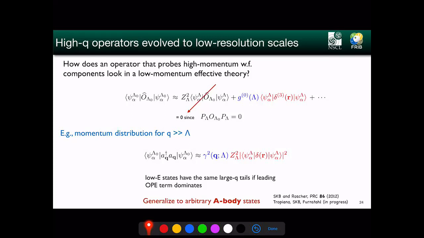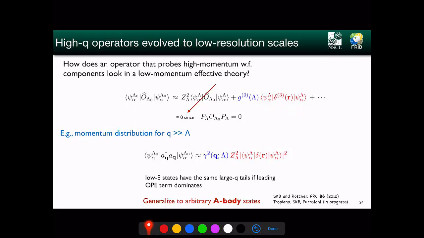And so we can look at this. We just go ahead and use the expressions on the previous page and take matrix elements. So we're looking at an initial operator where we assume that it only is sensitive to high momentum modes. Since the RG evolved state is soft, this is suppressed or zero. And so therefore the leading contribution is from this first Wilson coefficient.